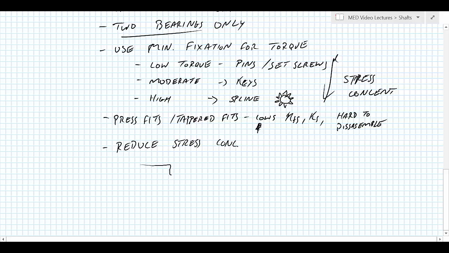For example, if we have a shoulder, there's going to be some stress concentration, and the more we round out that shoulder, the less the stress concentration. We can also do things like undercut and remove material, and that allows stress to flow. I've obviously significantly overdrawn them here, but those undercuts allow us to have reduced stress concentrations at those locations, and again, often those are driven by, say, our bearing specifications.